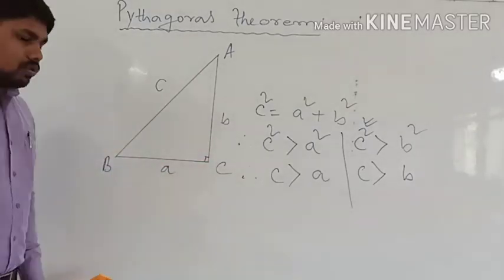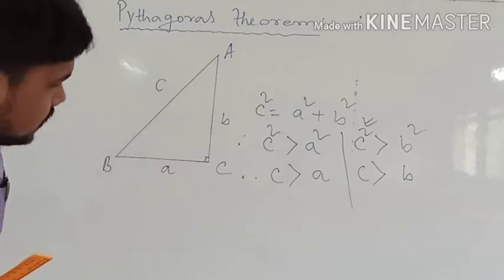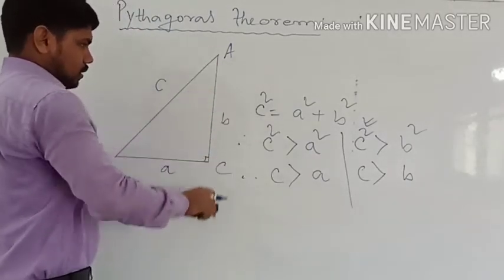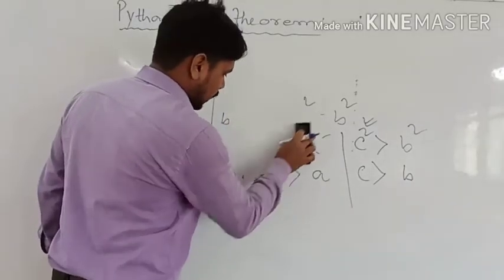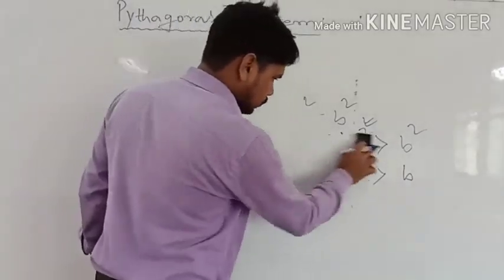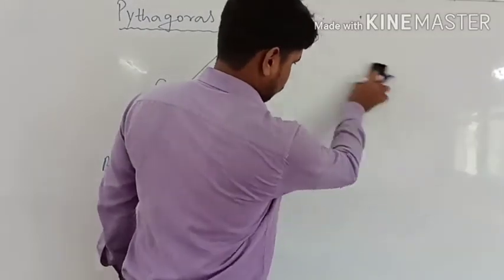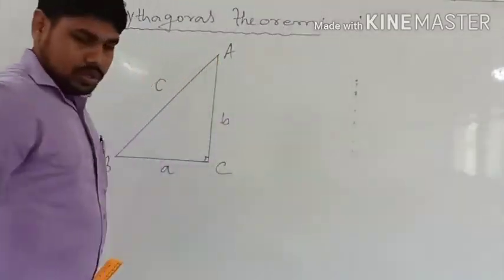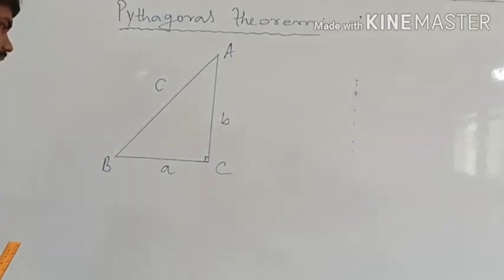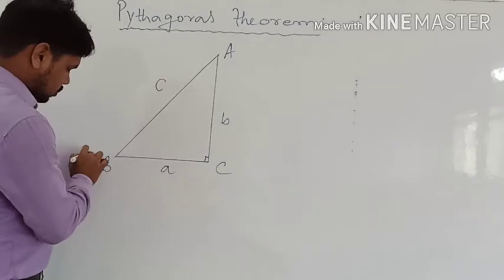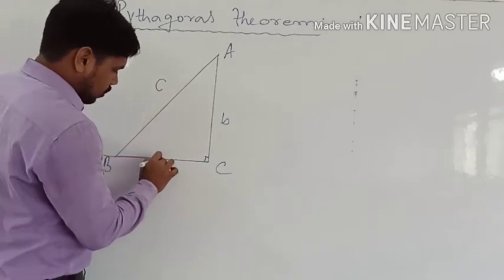Now one more case is there which is related to this side only. So what is this statement called? Here suppose we have drawn one line first.